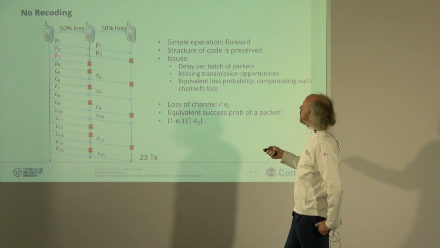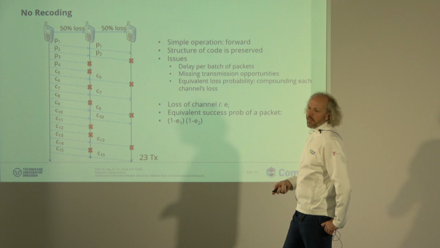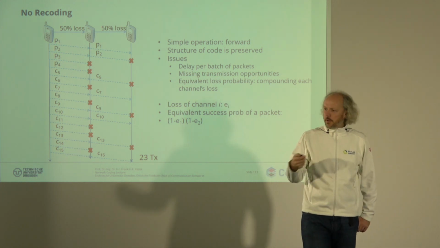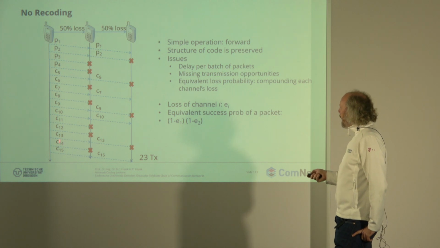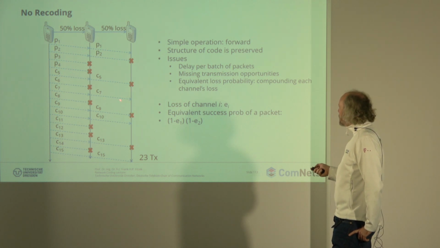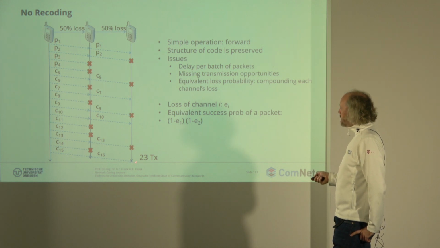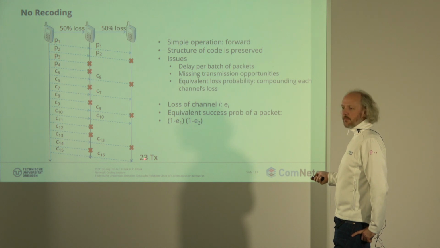Now we could use coding from the sender side, whether this is a Reed-Solomon code or if you use RLNC, right? It doesn't matter. Then you send out coded packets, and you have to send a lot of times until you get 1, 2, 3, 4 successful packets here. Overall, it were 23 transmissions. Okay, this is just forwarding it.